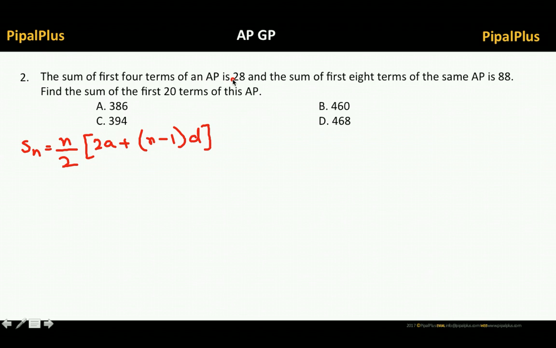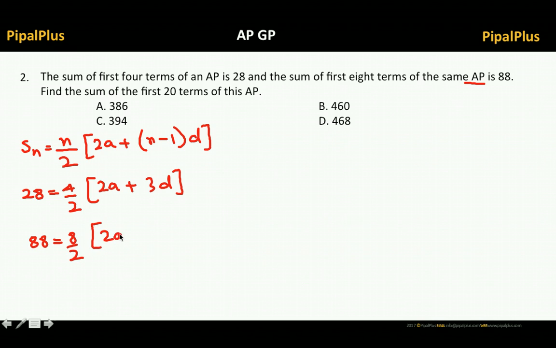Now for 4 terms, the sum is 28, so we have 28 equals 4 by 2 times (2a plus 3d). 3 is 4 minus 1. Similarly from here we get 88 equals 8 by 2 times (2a plus (8 minus 1), 7d), right? So let's simplify.